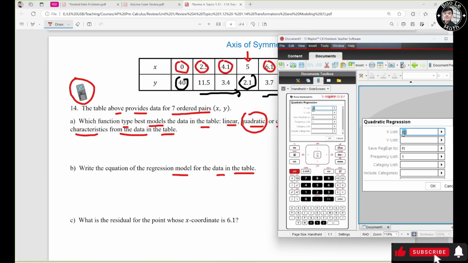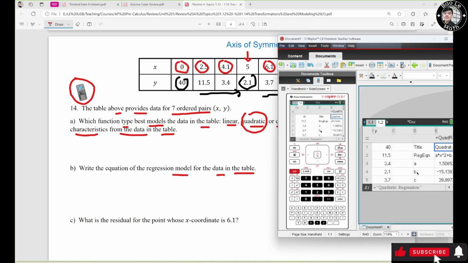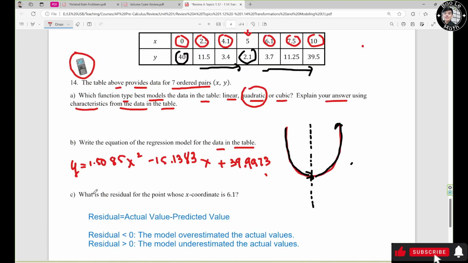Alright, for the first one right here, you need to put S. For the second one right here, you need to put Y, right? Now this is F1, which means our equation is saved as F1, right? Now you need to hit OK. So your quadratic equation should be shown. Let's move on to question C.